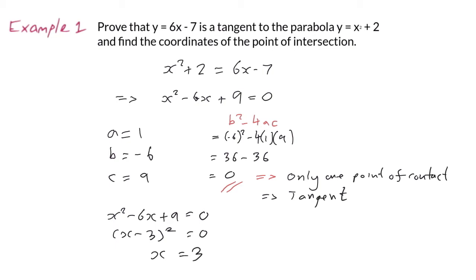We can quickly find the y-coordinate by substituting x equals 3 into the equation of the line, y equals 6x minus 7. So that'll be 6 lots of 3 minus 7, or 18 minus 7, which is 11. And that means that we have our point of contact as 3, 11. Our point of intersection, sorry.